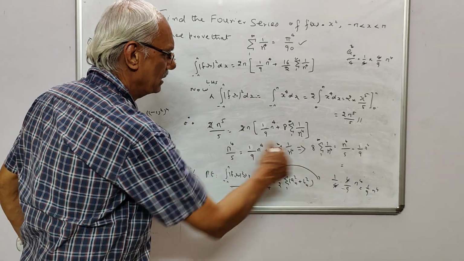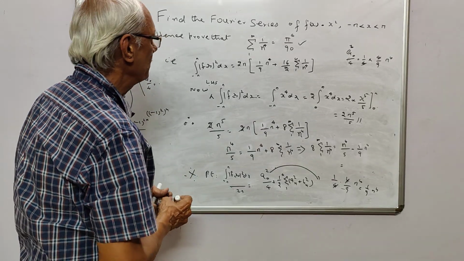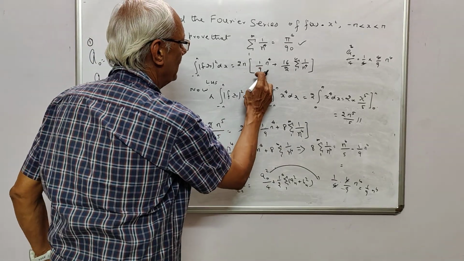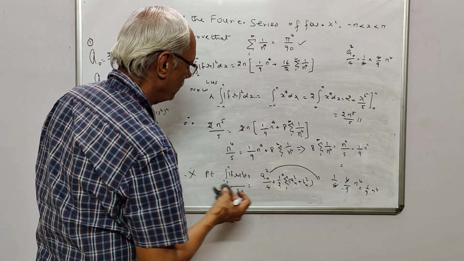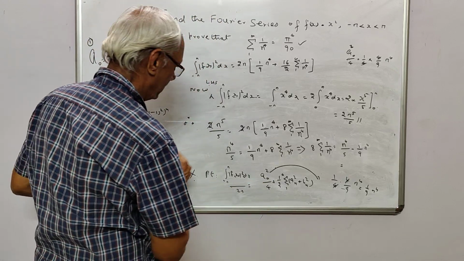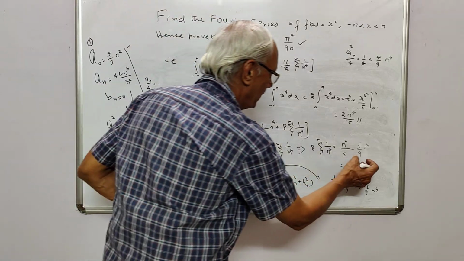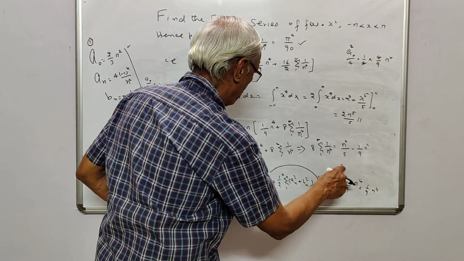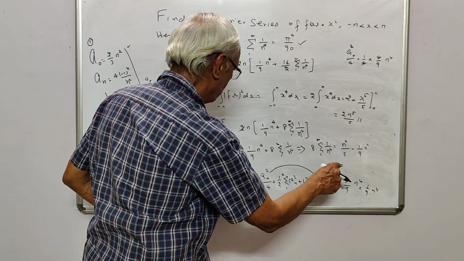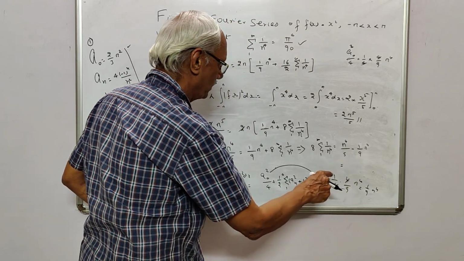A small correction I am making here. So you see that you are getting this 1 by 9 into π⁴. So what will you get here now? Therefore you get π⁴ by 5 minus π⁴.